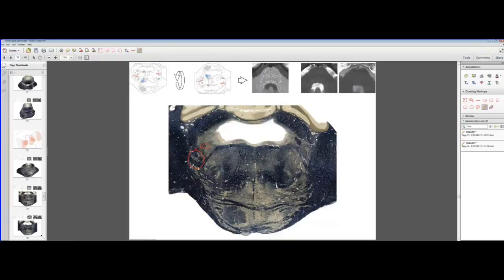The motor nucleus of 7 is somewhere right in here, sends its fibers around, and they come out. The abducens sends its axons out more medially. Yes, that makes sense.